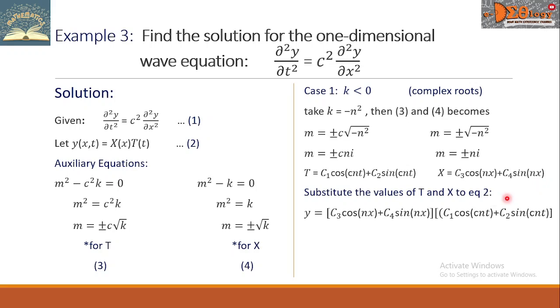Next thing to do is to substitute the values of T and X to equation 2. Here is our equation 2. So we have now y equals, the value of X is now here, and the value of T is now here. This is now the answer.